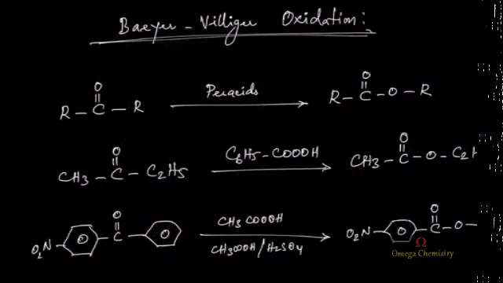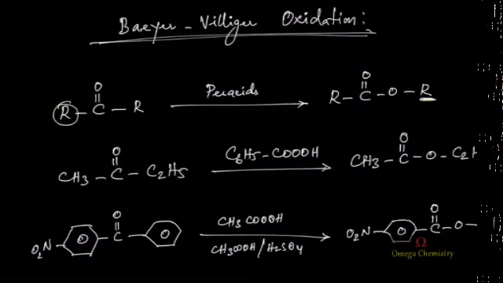Ketones, when subjected to mild oxidation using peracids, will give esters after undergoing rearrangement, and this reaction is known as Baeyer-Villiger oxidation. The alkyl group which migrates will be attached to oxygen in the final product. So from this we can understand that this group would have migrated, and that's why the oxygen has been inserted.